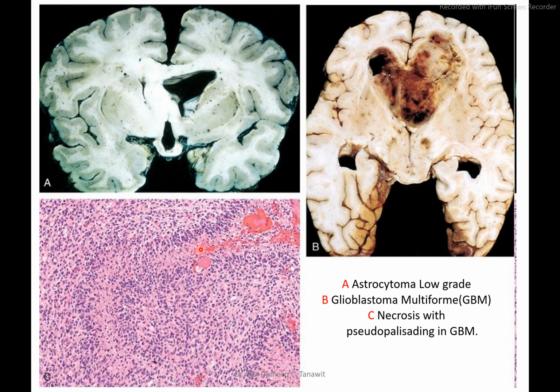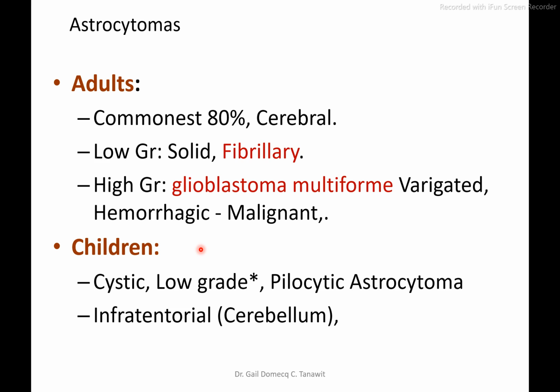So this is a gross specimen of a low grade brain tumor, a high grade brain tumor. And this is of course the histologic section of letter B or G. So, astrocytoma, okay. So we're done with the adults, GBM. Now let's go to the children.